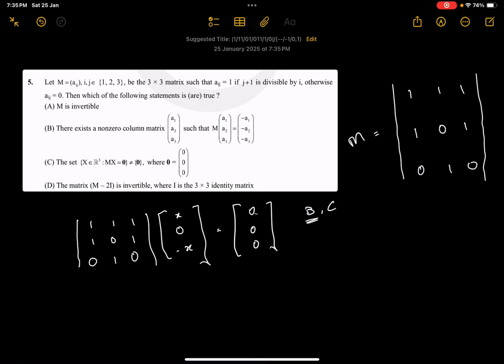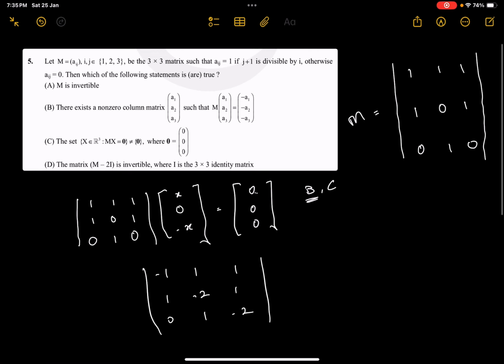D is M minus 2Y. So M minus 2Y is minus 1 1 1, 1 minus 2 1, 0 1 minus 2. Let's see this. So again, notice that R3 plus R1 plus R2 equals 0.